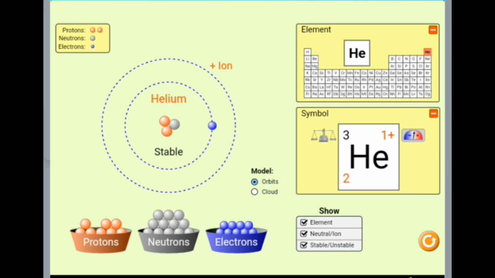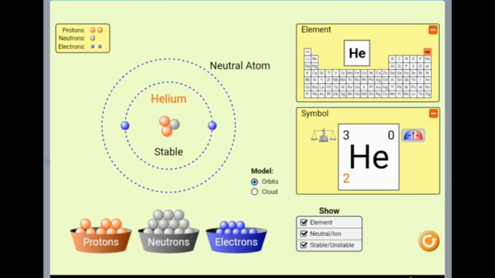Whenever the number of protons changes, the chemical nature of that atom will change. And so when I added another proton, the element changes from what? Hydrogen to helium.